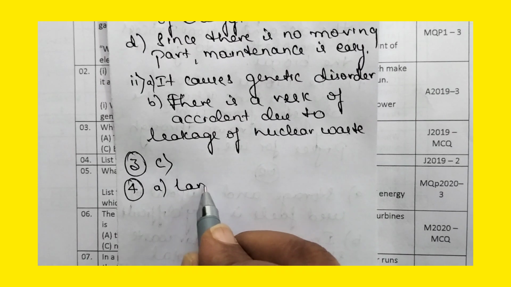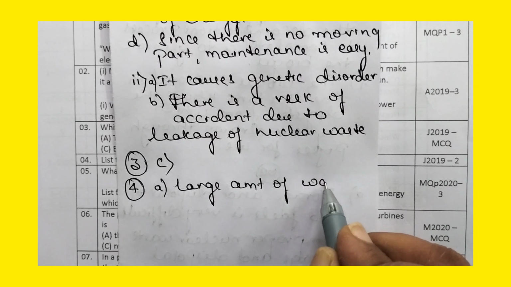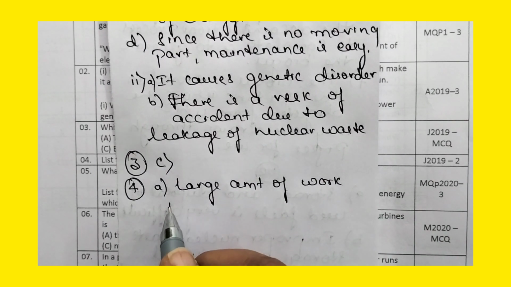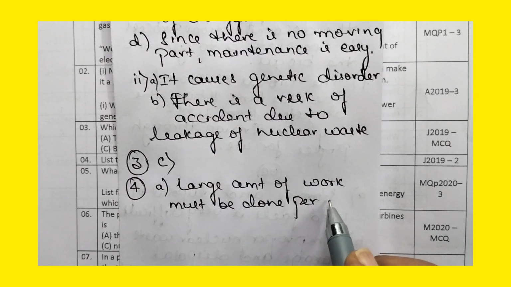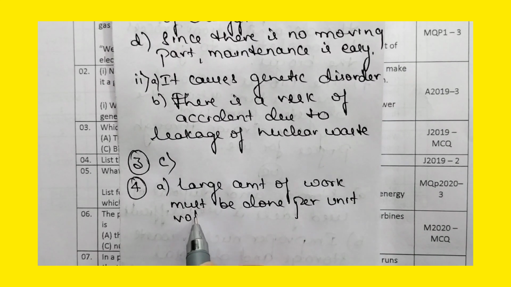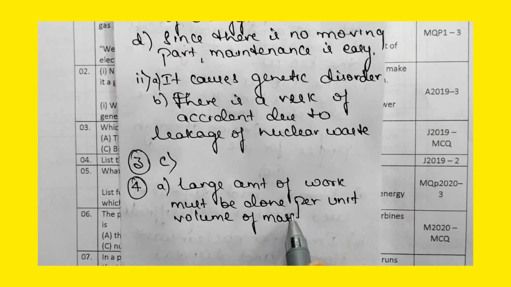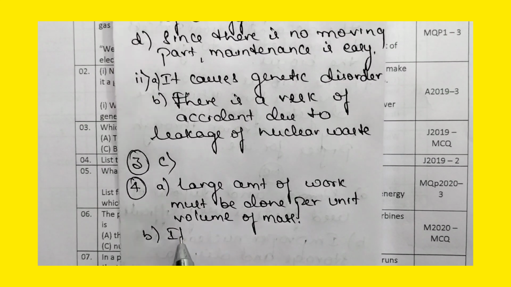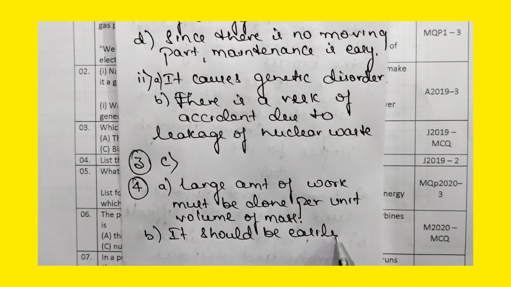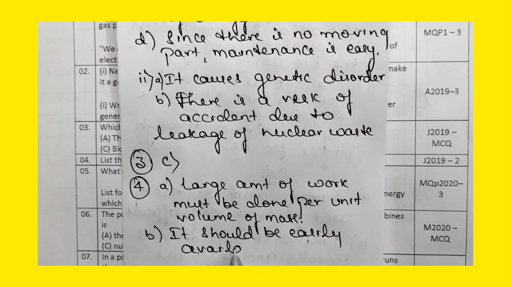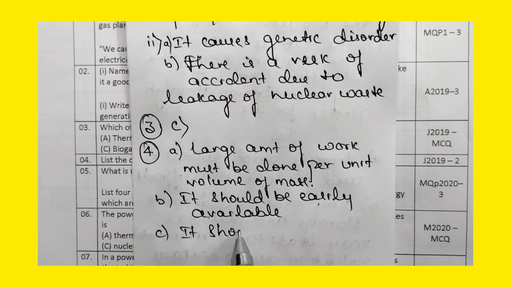First, a good source of energy is one where a large amount of work must be done per unit volume of mass. Then second, it should be easily available. Then it should be economical.